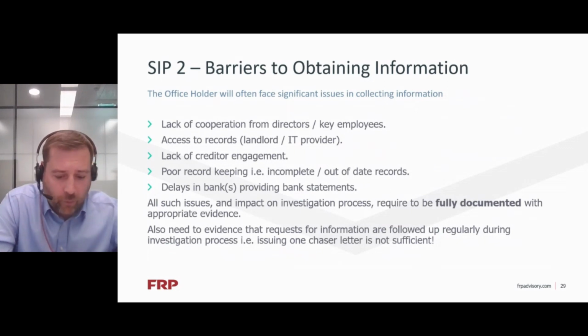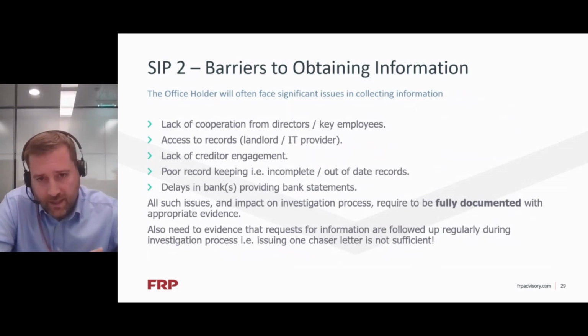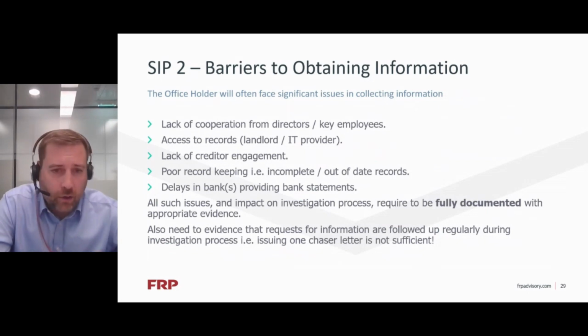We also often have problems with access to records themselves. Landlords are owed rent, IT providers cut off supply. Obviously, we've got additional powers now to try and stop that kind of thing happening.